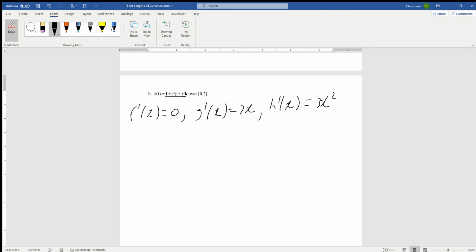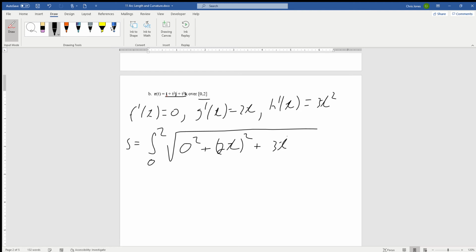We're going to put all of those back into our integral. To find the arc length s, that's the integral from 0 to 2, because that's the given interval, of the square root of 0 squared plus the quantity 2t squared plus the quantity 3t squared, squared, dt.